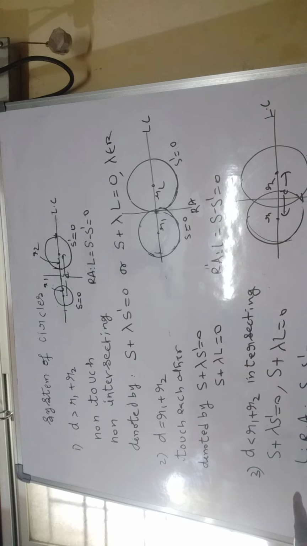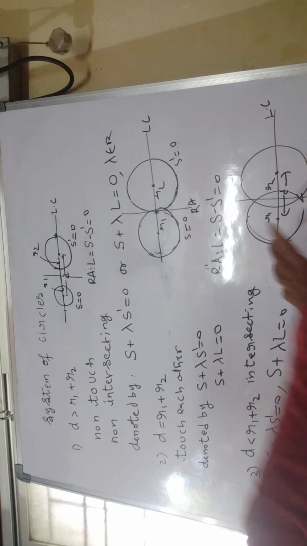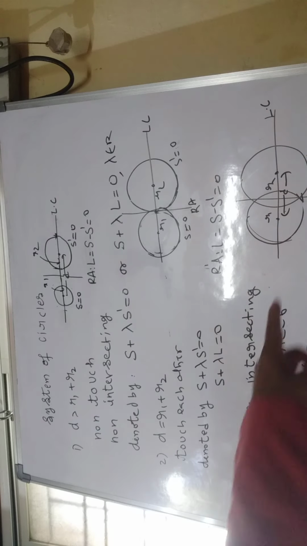If the center to center distance is less than the sum of the radii, they intersect each other. And the same, if you form a family S plus lambda S dash or S plus lambda L, where L is the radical axis, S minus S dash is equal to 0, it will give you infinite circles, members of the same family. The fundamental condition is intersecting. So all circles will give you the same condition.